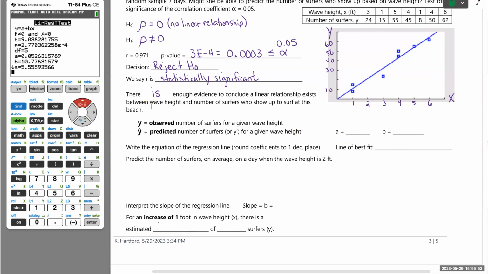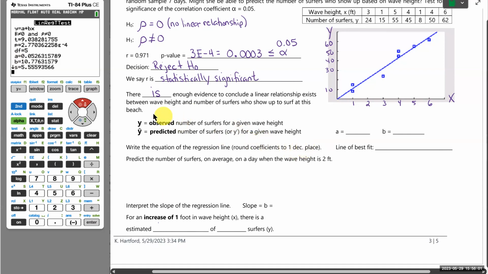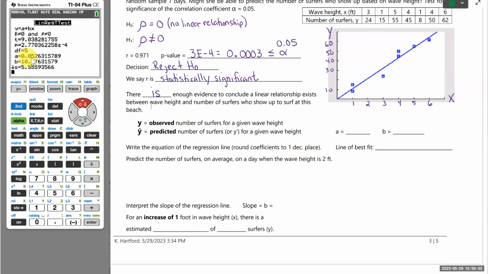So at the top of the calculator, you'll see y equals a plus bx. So let's write down the a and the b. And I'm just going to round to 1 decimal place to make this simple. So a here, 1 decimal place would be 0.1, and b would be 10.8.